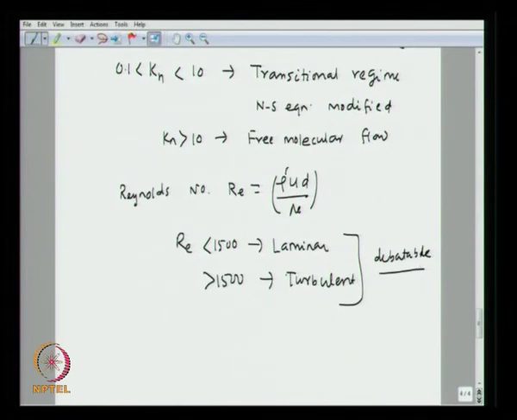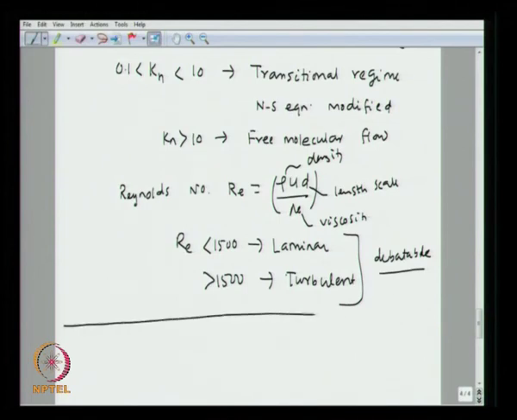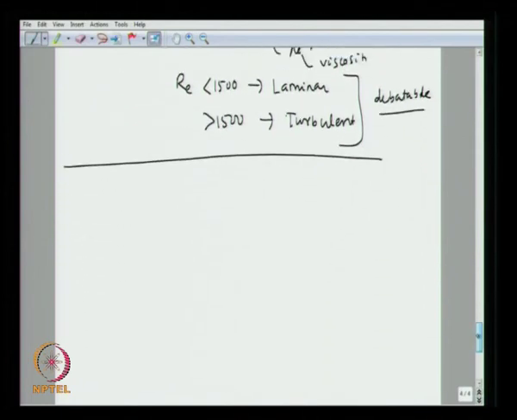So here rho is density, d is length scale, and mu is viscosity, and u is the velocity, okay. So now we can relate the Mach number, Knudsen number and Reynolds number.